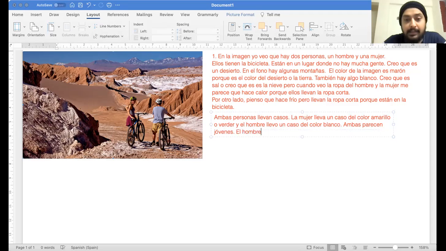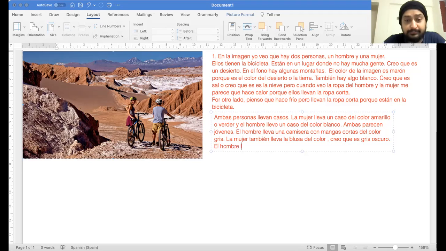El hombre lleva una camiseta con mangas cortas del color gris. La mujer también lleva la blusa del color, creo que es gris oscuro, dark green.